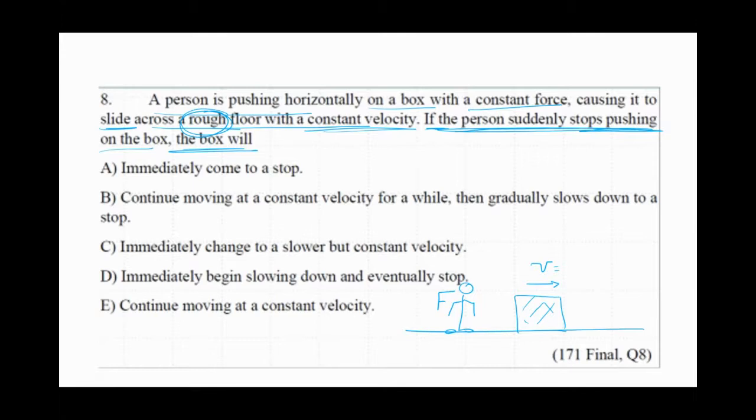Does it immediately come to a stop, or continue moving at a constant velocity for a while then gradually slow down, or immediately change to a slower but constant velocity, or immediately slow down and eventually stop, or continue moving at constant velocity? What do you think? Which answer? You can write it in the chat here, please. You can add your answer in the chat.